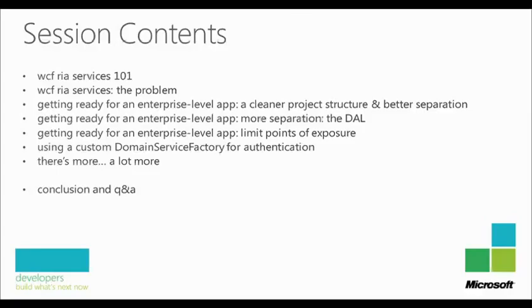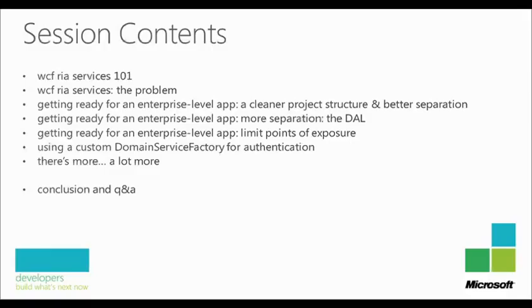Because, frankly, what you get out of the box is good for rapid application development, it's good for small consumer apps, but it's not too good for enterprise-grade applications. But the good thing is, it's very extensible, it's very powerful, so we can make it better, we can make it good. And that's what we'll do in the rest of the session.